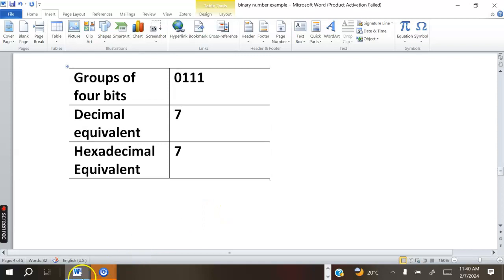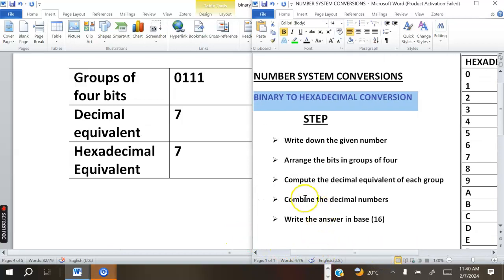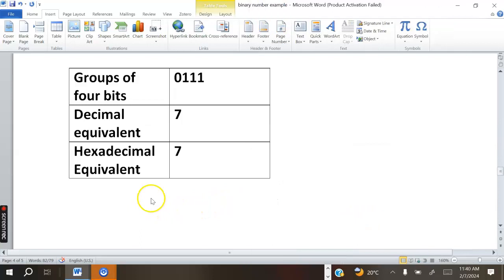Therefore, as per the instruction, after you combine the decimal numbers, you're supposed to write your answer in base 16.